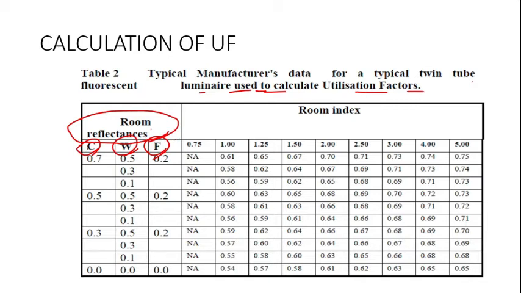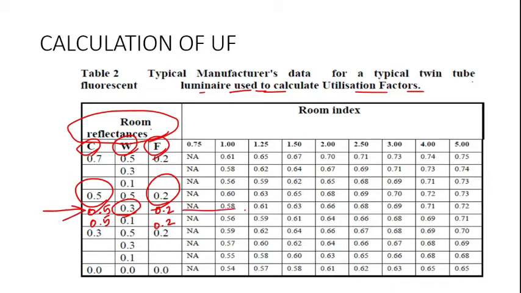In the problem, the ceiling is 0.5, the wall reflectance is 0.3, and the floor is 0.2 reflectance. So this row you have to select first of all.